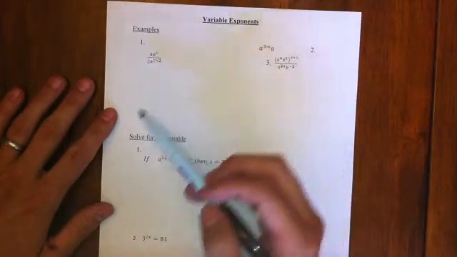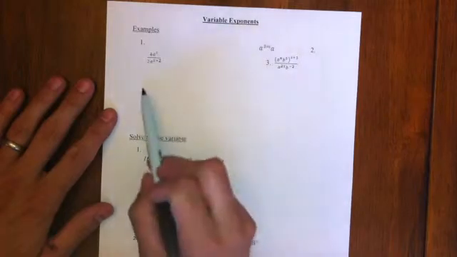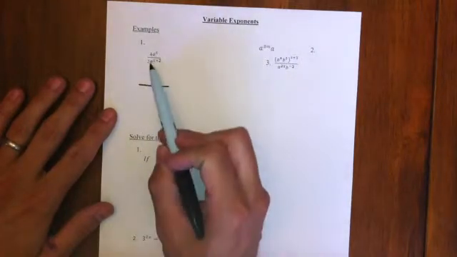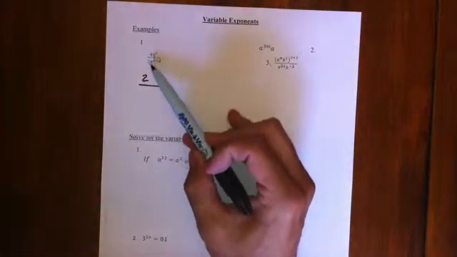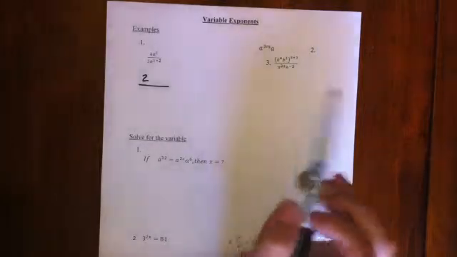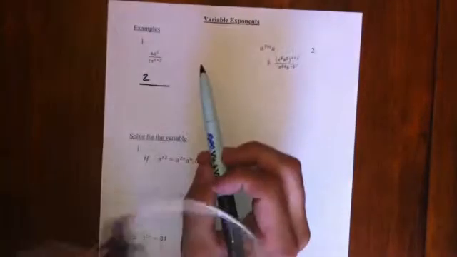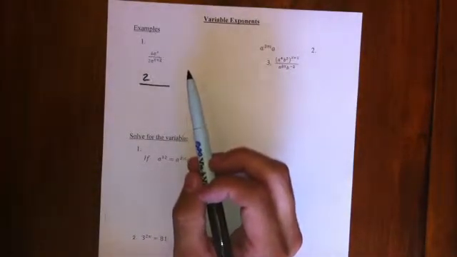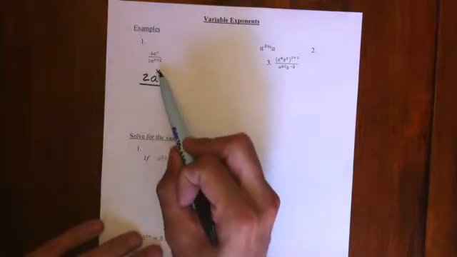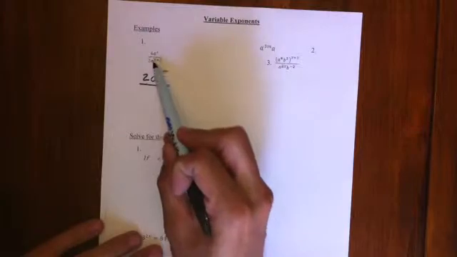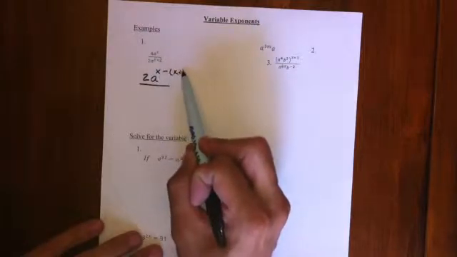Well, the 4 and the 2 are just coefficients, so we can just reduce those. 2 goes into 4 twice. And now the variables: if you have a and a on top of one another like that, that means you subtract your exponents. So I'm going to write it as a to the x, that's the top one, minus the bottom, x plus 2.